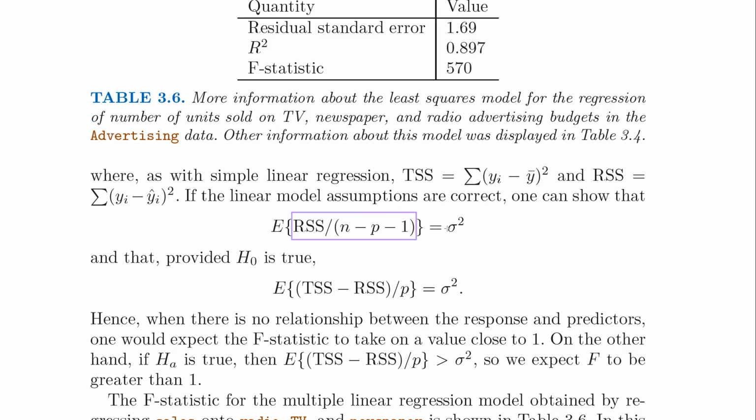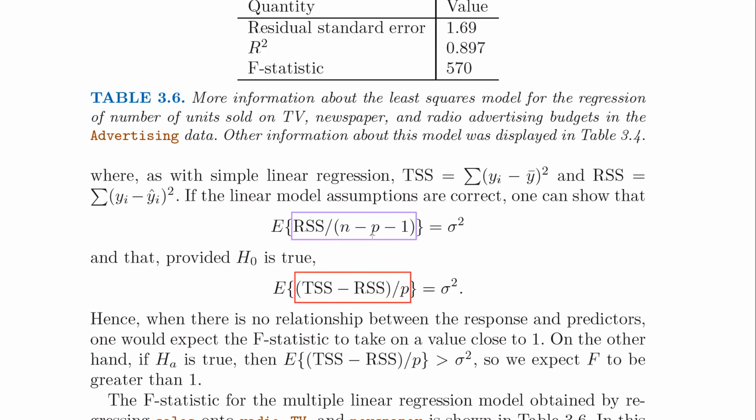Let's remind ourselves, sigma is the standard deviation of the error term epsilon. And provided H naught is true, so only if H naught is true, then the expectation of this is equal to sigma squared.